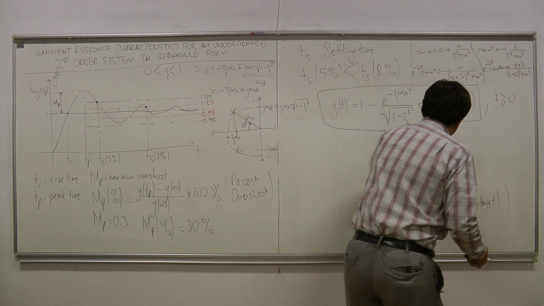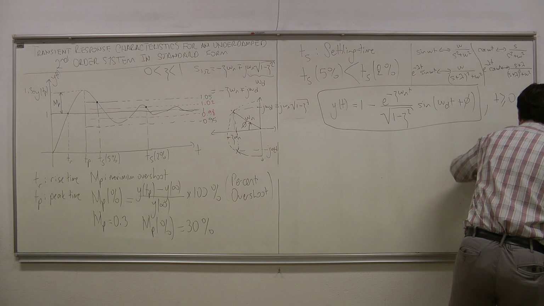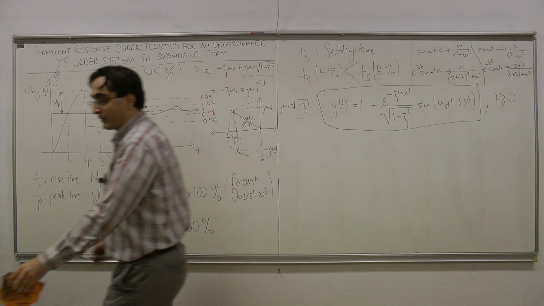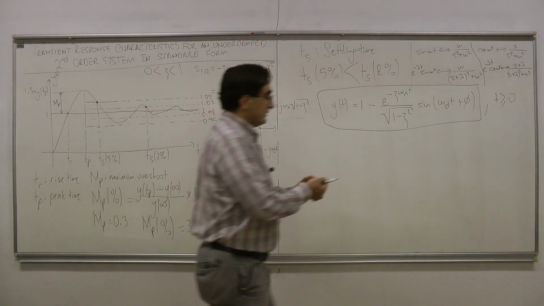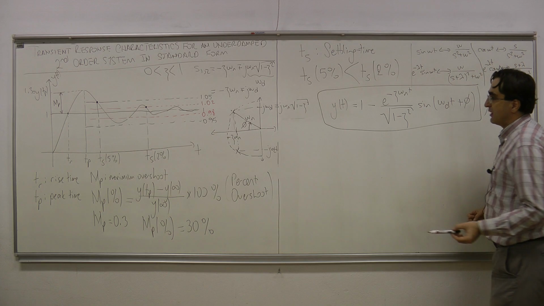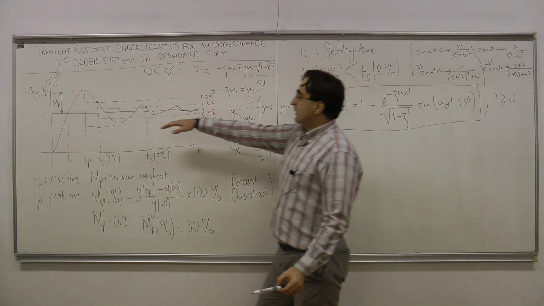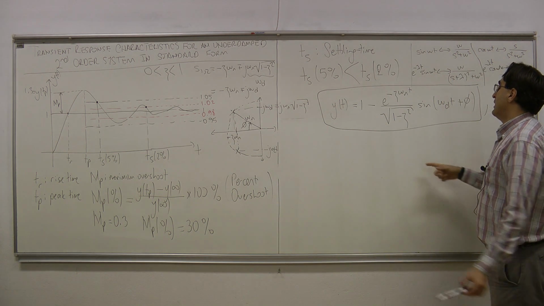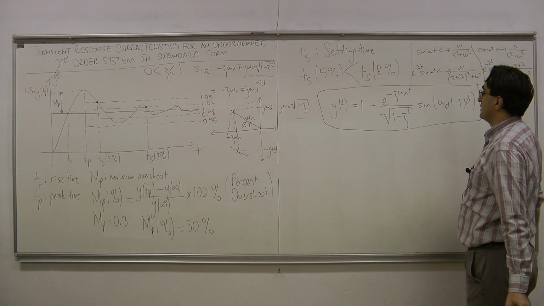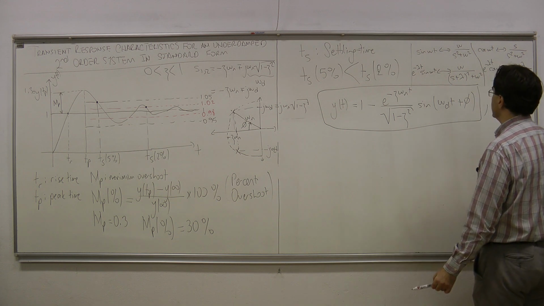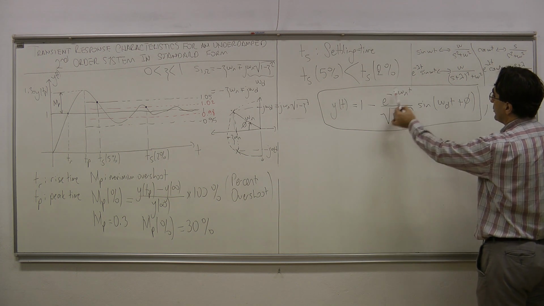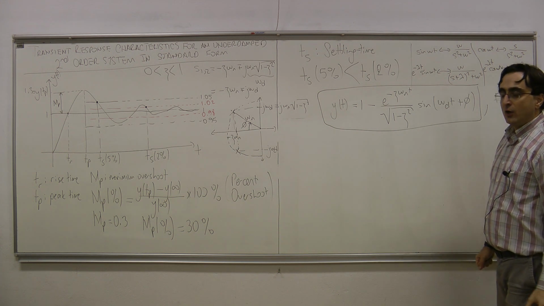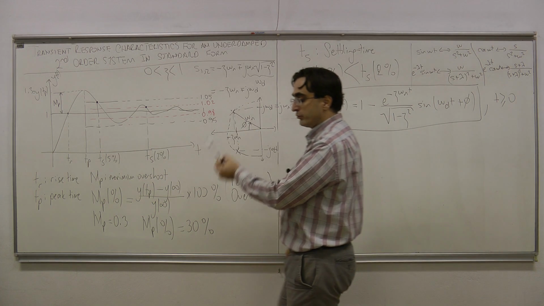Now I want you to look at this formula a little bit. What type of terms do we have? I have this constant, which is the desired response, and another constant, 1 over square root of 1 minus psi square. I have an exponential, and I have a sine term. Of course, the sine term is always oscillating.